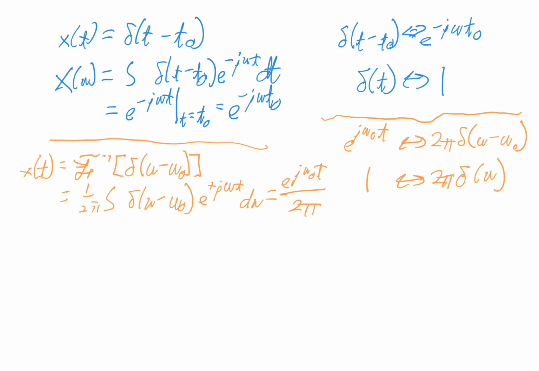Now, we can take this farther. I'm going to give you 2 more properties, and I'm not going to prove them completely, but they're more general cases of what we have just proven. If we look at the blue equations on the top, we see that when we delayed the impulse by t naught seconds, its Fourier transform got multiplied by this e to the minus j omega t naught factor. And it turns out that that will happen to any signal.